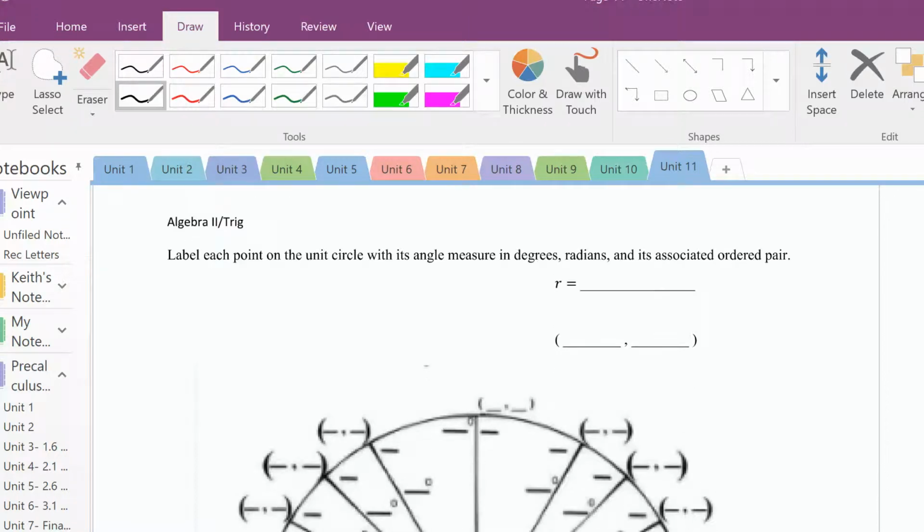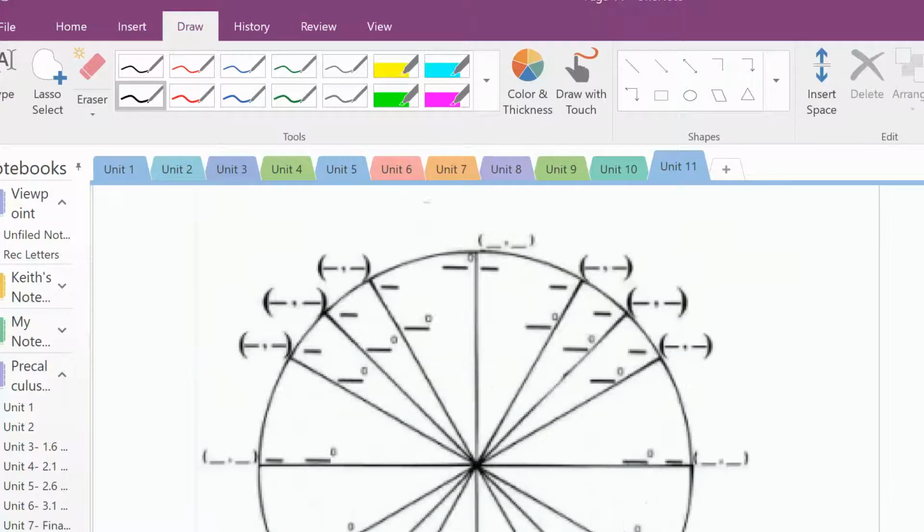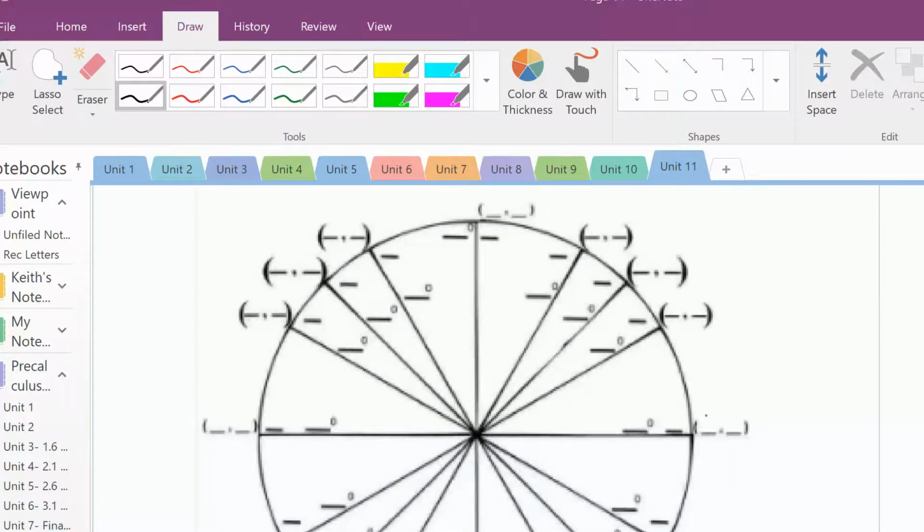Now, labeling a point on the unit circle, remember the radius is 1, and so the ordered pair will be the cosine and the sine. Because remember, cosine is x, sine is y. So remember, we did the quadrantal angles. This is 1 and 0.